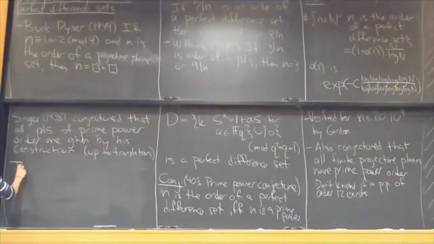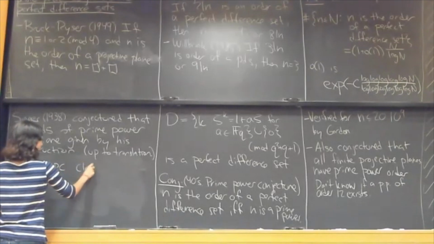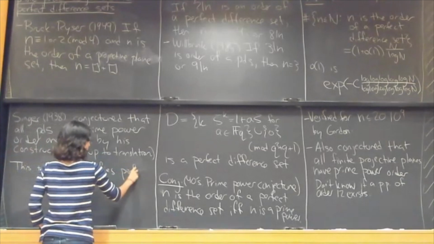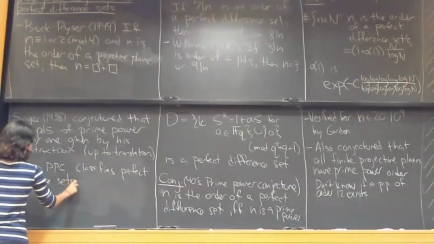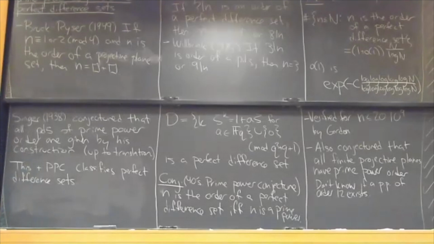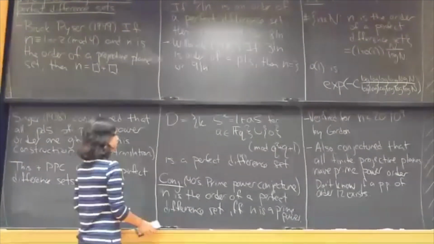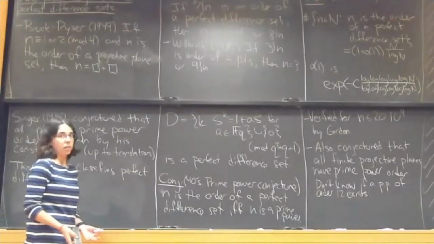So this prime power conjecture classifies perfect difference sets, and such a result would answer a very special case of an important question in additive number theory, which is, what do large Sidon sets look like?